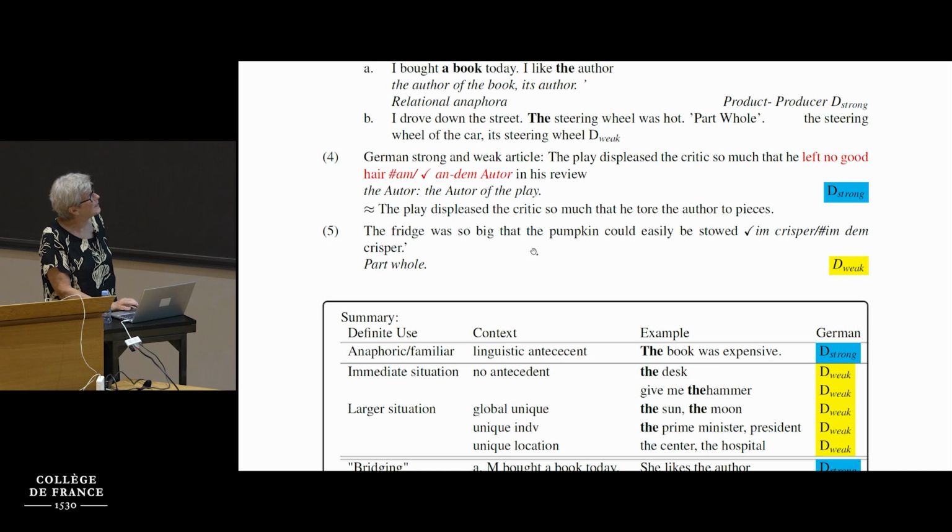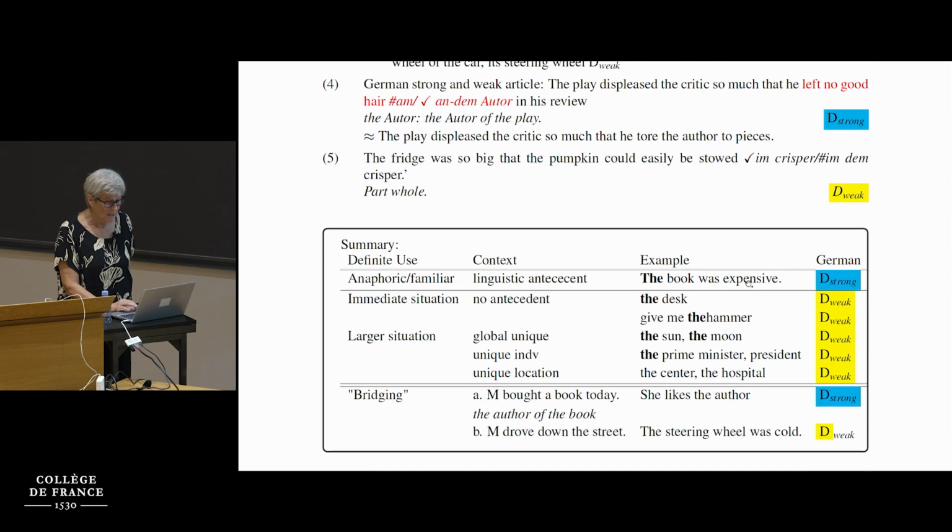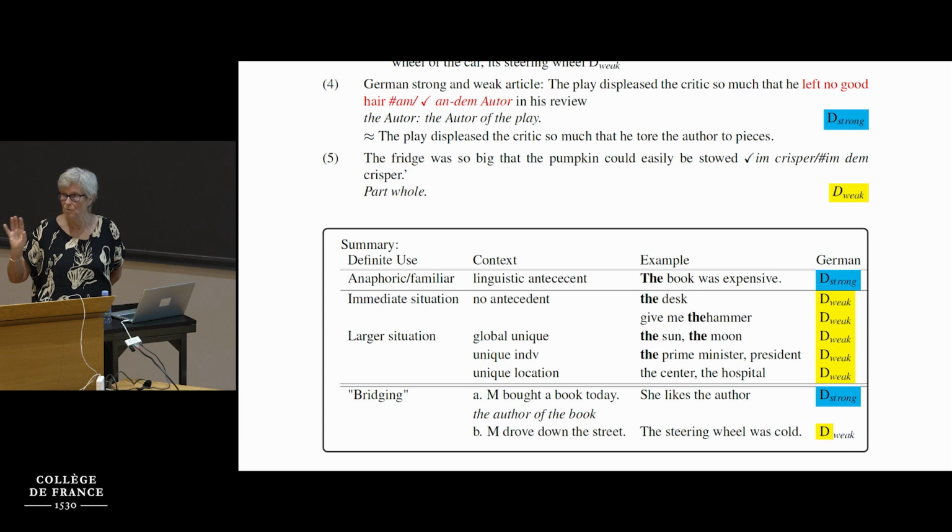The fridge was so big that the pumpkin could easily be stowed in the fridge. Okay, but not in dem. The strong form cannot be used. So basically, the summary here for German is that these two forms of the definite determiner behave differently with respect to the interpretation.